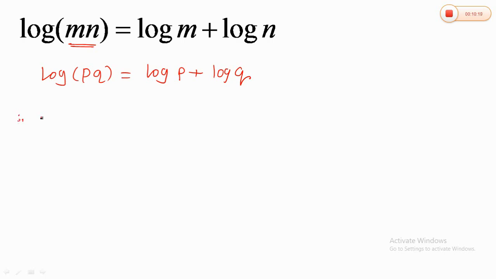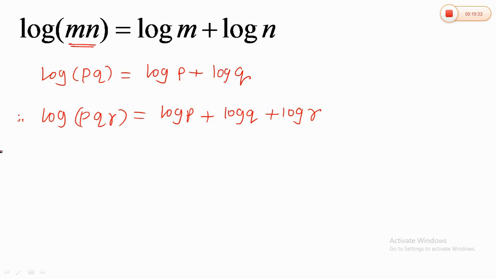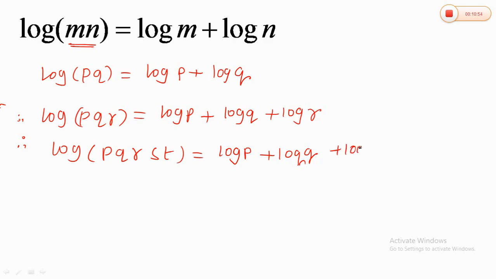Log pqr can be written as log p plus log q plus log r, and log pqrst equals log p plus log q plus log r plus log s plus log t.